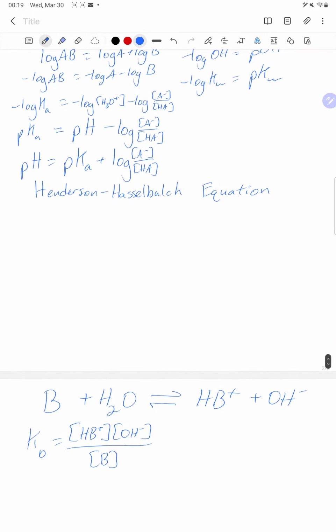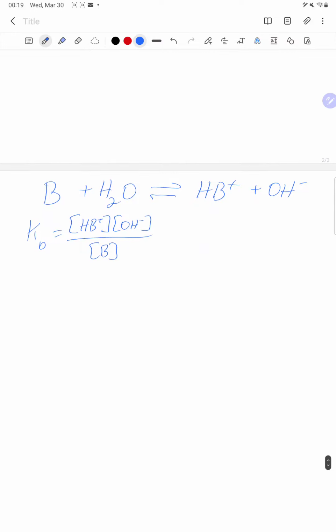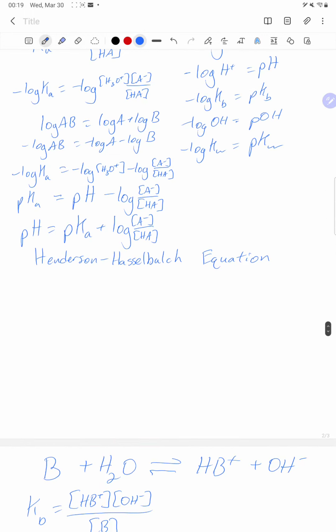Now we see that this looks very similar to what we did up above, except now instead of it being Ka, we have Kb. Instead of having H plus, we have OH minus. And instead of having, oh, I didn't write it this way, well, I'm going to. This guy is a conjugate base, this guy is a conjugate acid.